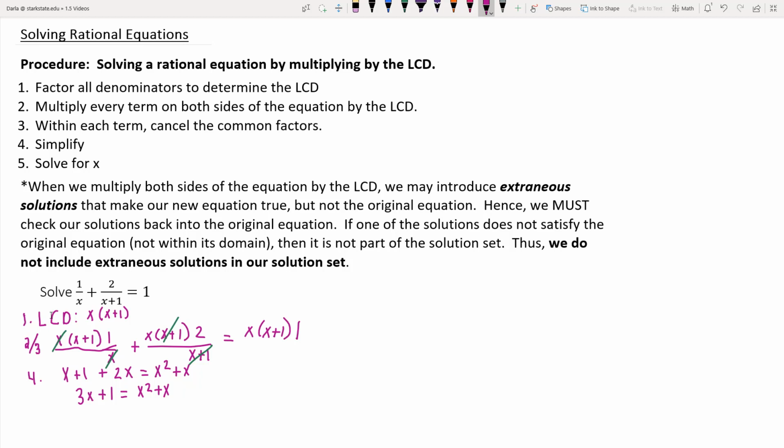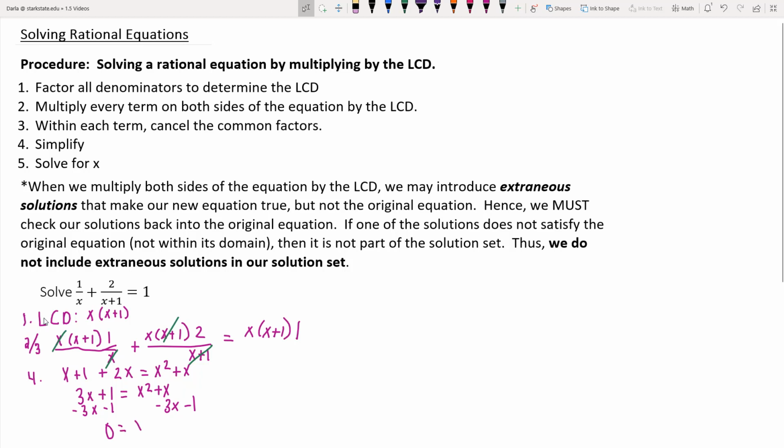I'm going to move to the right hand side since that's where my highest power term is. So I'm going to subtract off 3x and subtract off 1 from both sides. So subtract off 3x and subtract off 1 from that right hand side. And then we can see that what we're left with on the left hand side is 0.